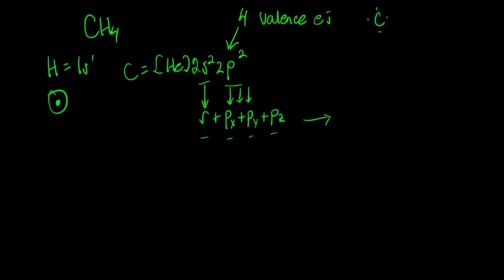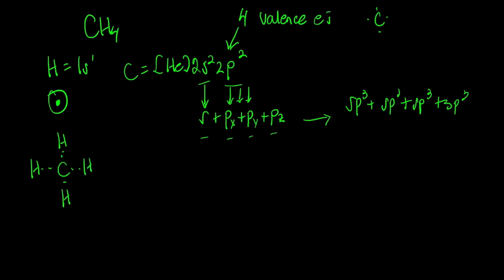But you get an sp³, an sp³, an sp³, and an sp³ orbital, okay? And these all point to the corners of a tetrahedron. So the lame way of doing this would be to do a Lewis structure, right? Where we just draw dots and make it very two-dimensional looking. But we can draw this now as best we can.